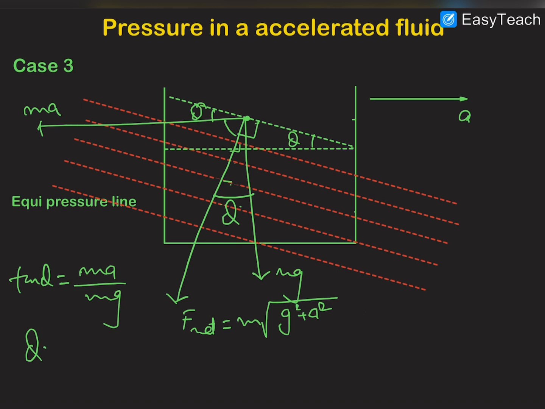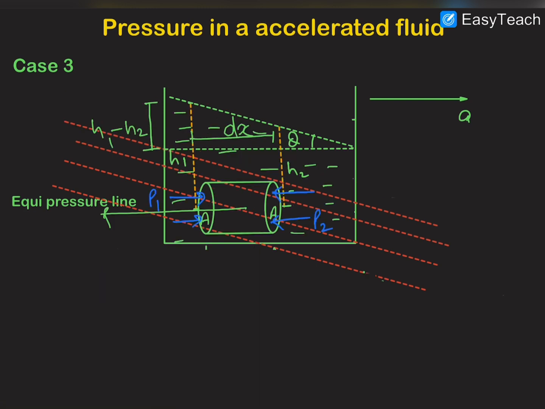So theta will be equal to tan inverse a by g. So this is the angle by which the free surface of the liquid will align itself, and obviously each equipressure line will be parallel to the free surface. In the later part of this video, we'll be discussing the equipressure lines also.